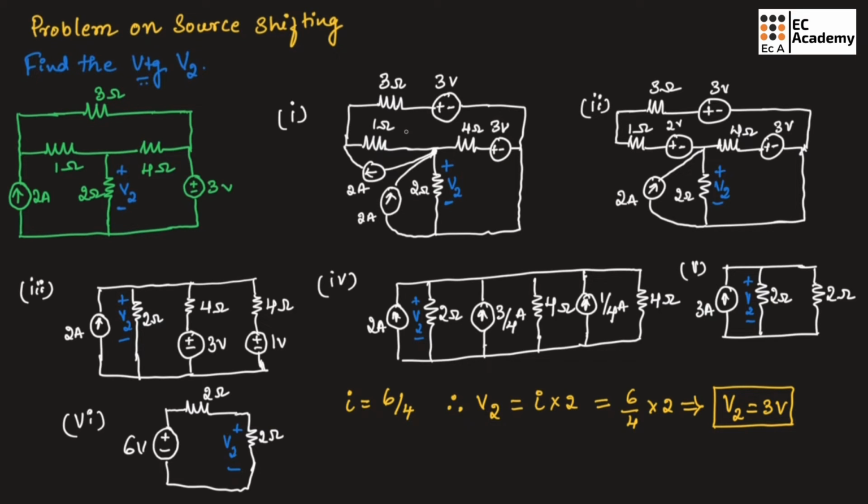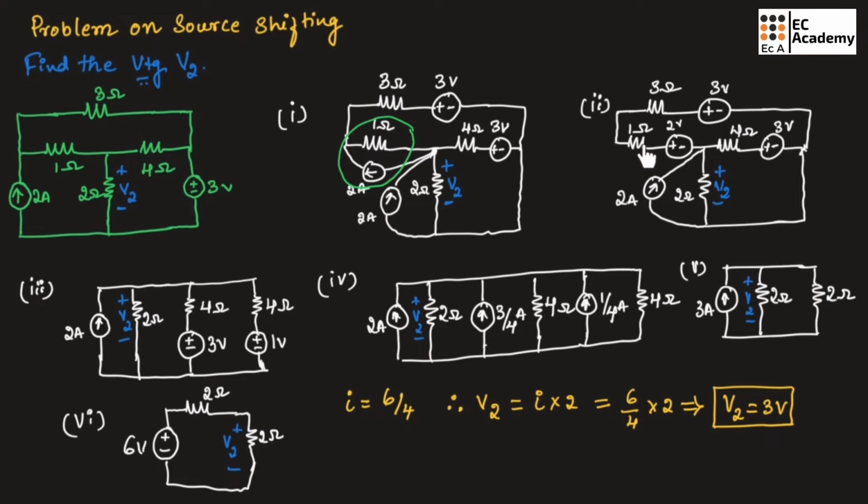Now in this step, we can reduce these 2 to convert it into a voltage source. So we need to convert this current source into voltage source. So V is equal to I into R, which means 2 amperes multiplied with 1 ohm, it will be 2 volts. And since the direction is towards the left side, we will take the polarity of this voltage source as positive and negative.